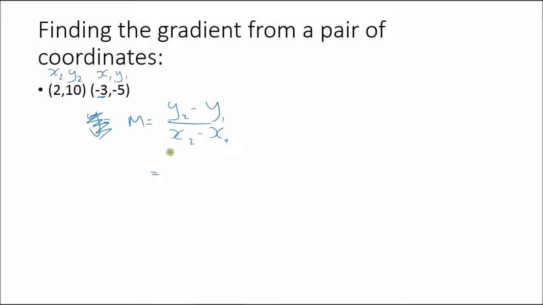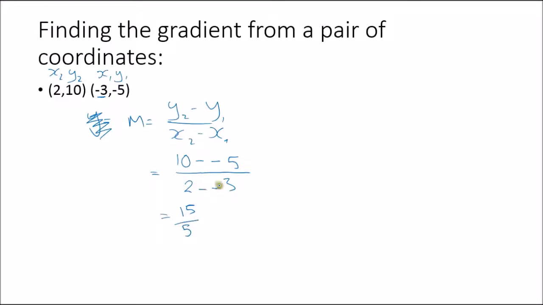So, y2 is 10, minus 5, because that was y1. Now x2 was 2, minus 3. Now let's work that out. Again, directed numbers come into it.